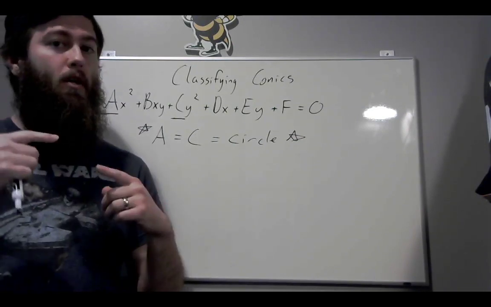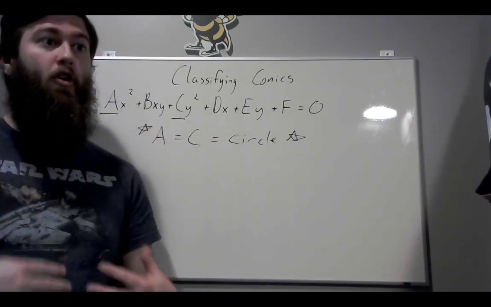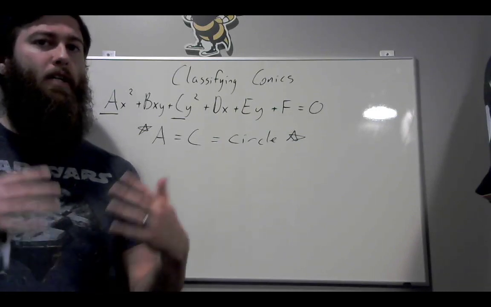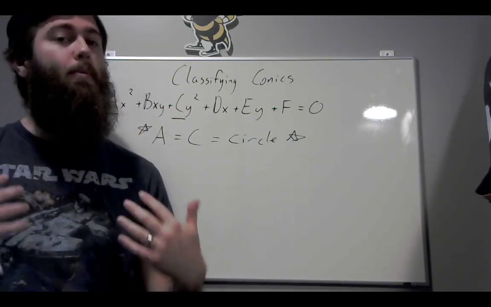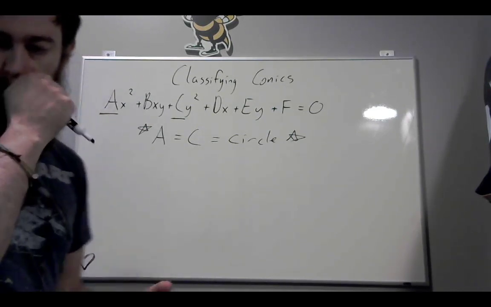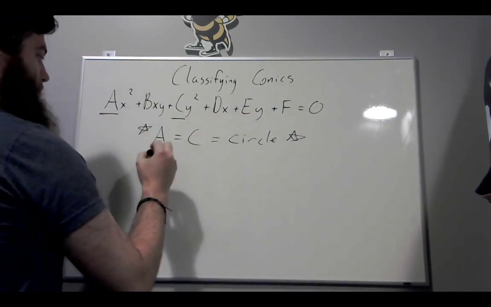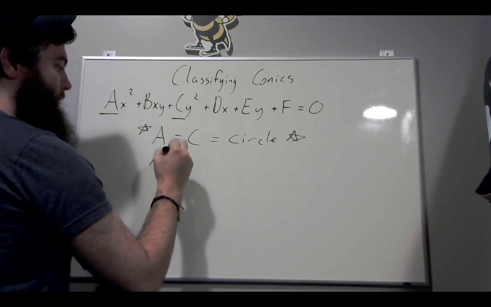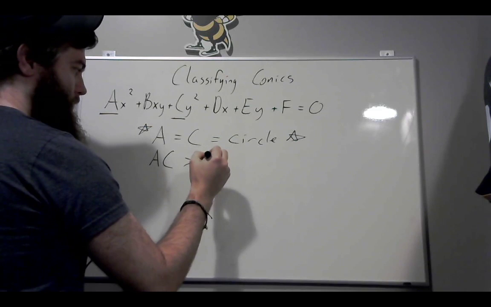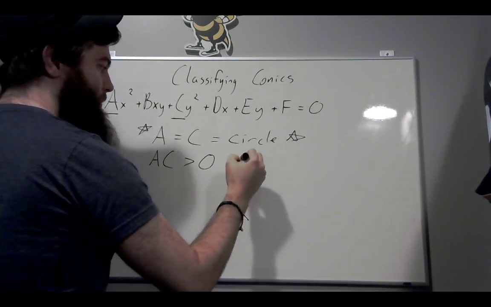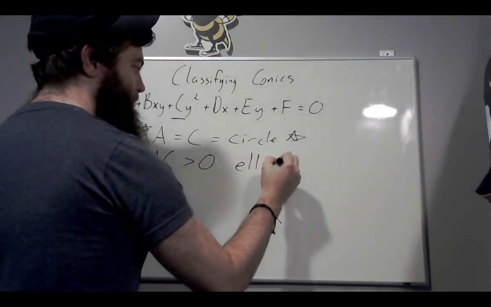And as we start actually turning these things into their standard equations, it would make sense why if a and c are equal to one another, it would be a circle. So if a times c is going to be greater than 0, this is going to be an ellipse.